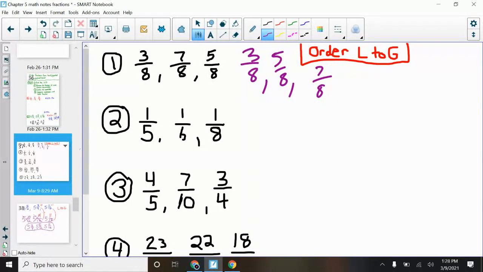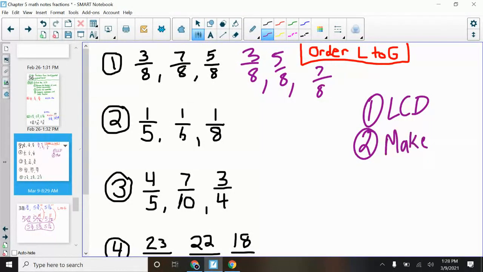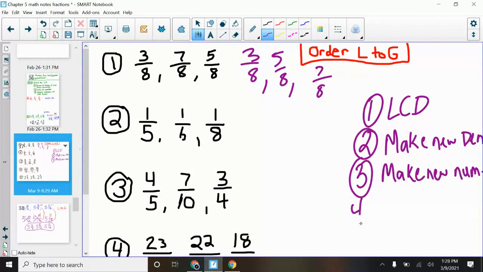Okay, now remember, you've got 4 steps. Step 1, you have to find the least common denominator. Step 2, you have to make your new denominators, right? Step 3 is then make new numerators. And then your 4th and final step is to put in order.